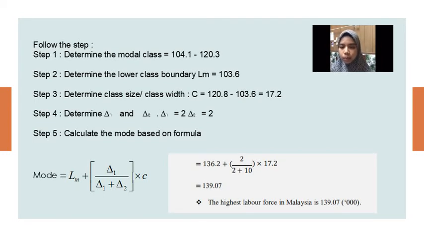Mode equals LM plus open bracket triangle 1 divided by triangle 1 plus triangle 2 close bracket times C. 136.2 plus bracket 2 divided by 2 plus 10 close bracket times 17.2 equals 139.07. The highest labour force in Malaysia is 139.07 in brackets 1000.